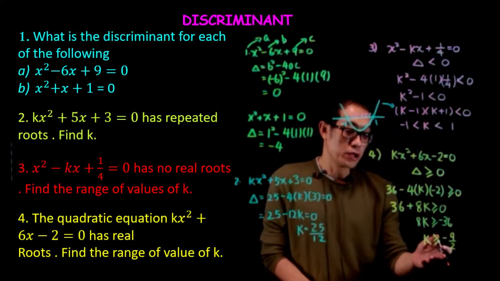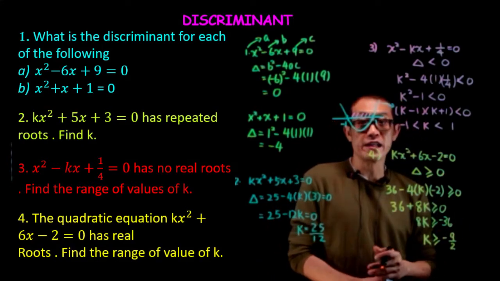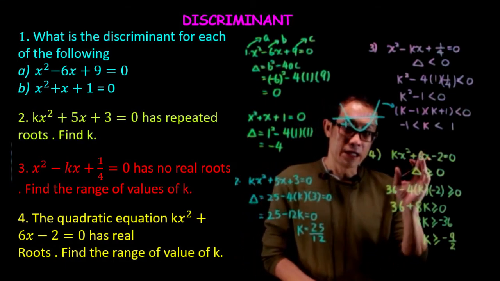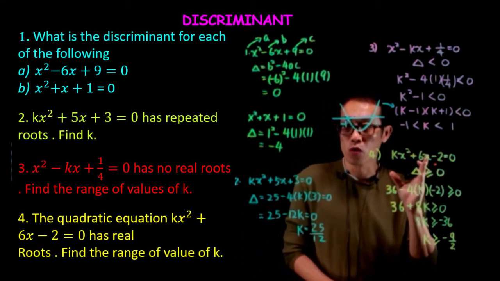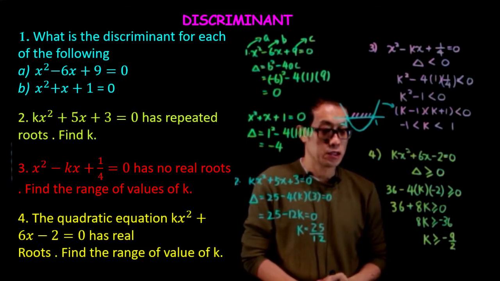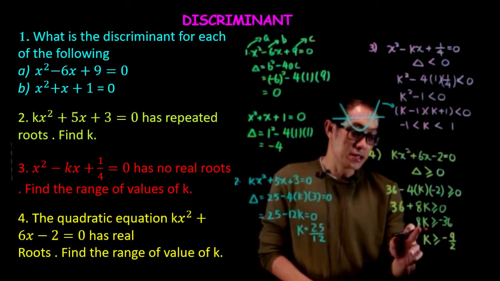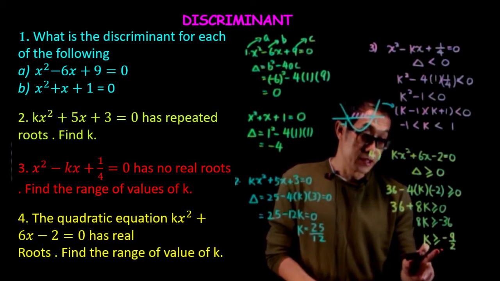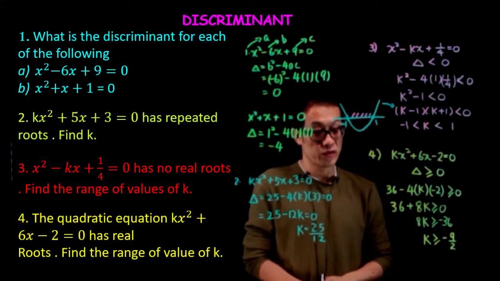Now, many of you would think that this will be the final answer. If you read the question properly, they said the given equation is a quadratic equation. In this inequality, k includes 0 because 0 is greater than minus 9 over 2.